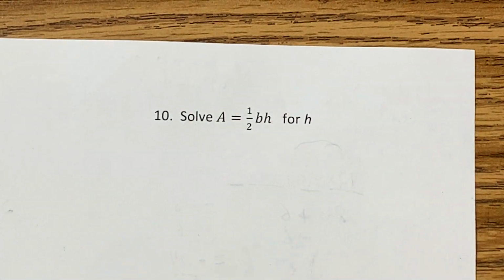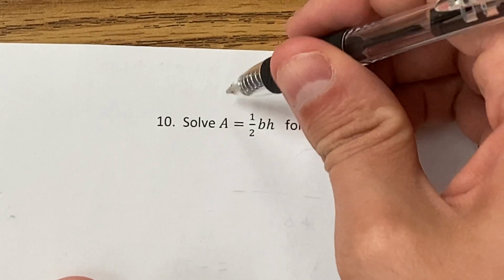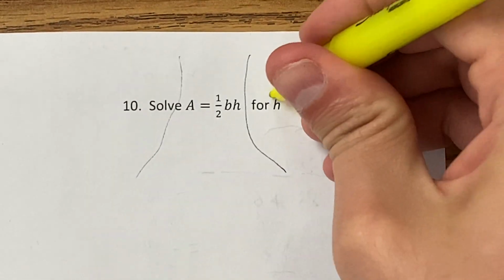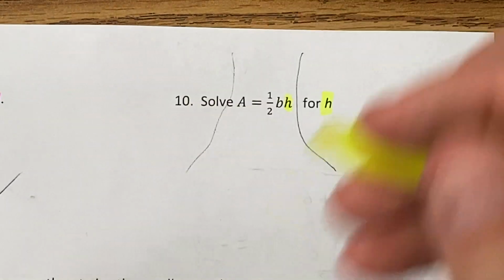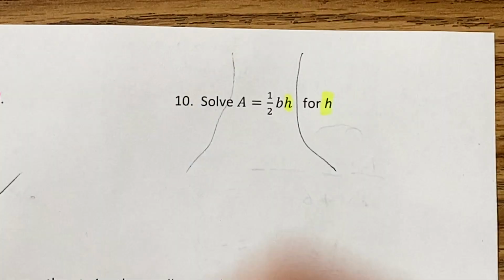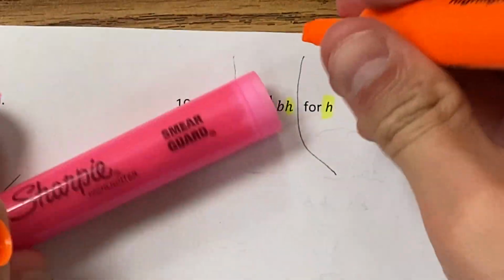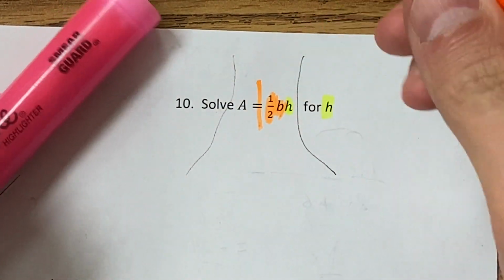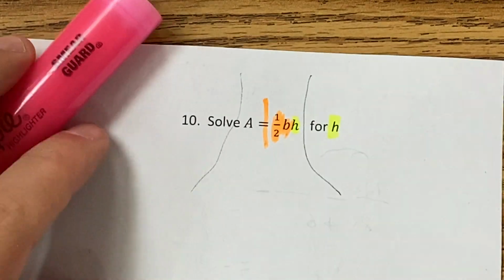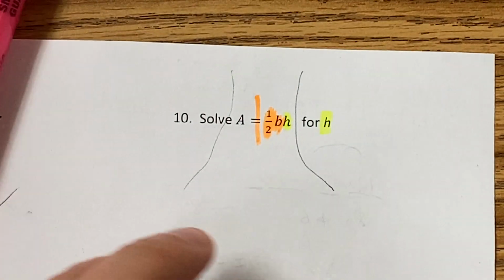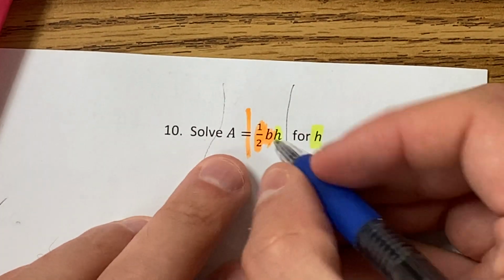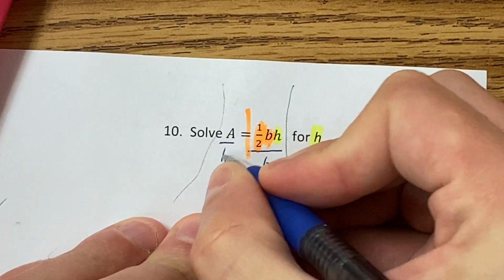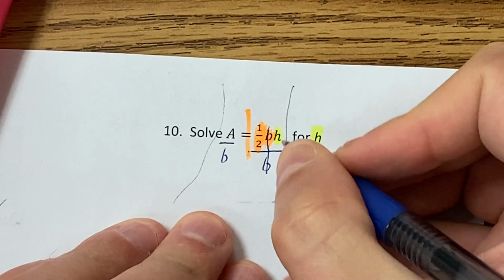Number 10 is a little different just because it has a number in there. We are going to be solving for h, which is right there, which means we need to get rid of, on the same side, the 1/2 and the b. So this one's a little different. You do still divide by b on both sides, because that'll get rid of the b.